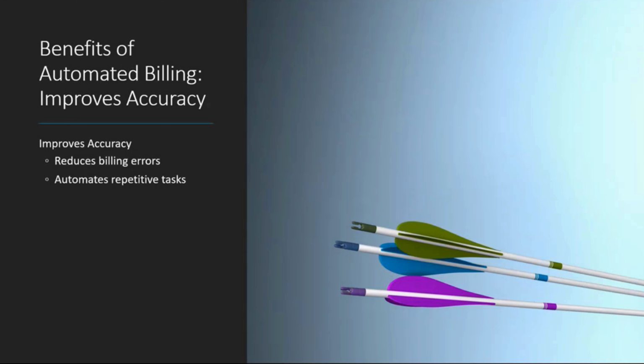Another benefit is that it improves the accuracy at which you are billing. A perfect example of this is, we say the phrase "too many cooks in the kitchen." In this case, when you have so many hands working in the same area and they're all making changes and there's a lot of moving parts, there's a lot of room for error when entering bills.